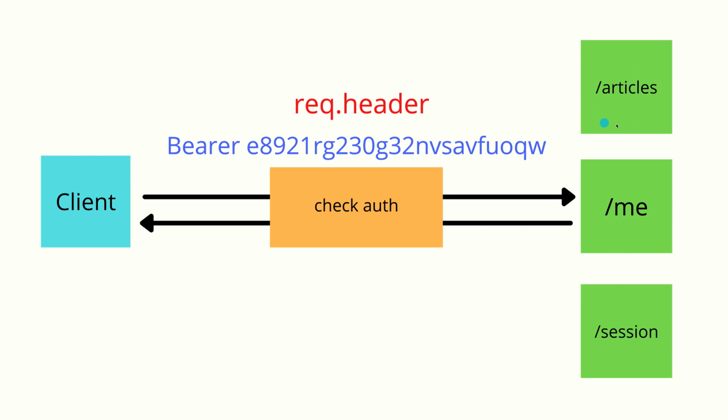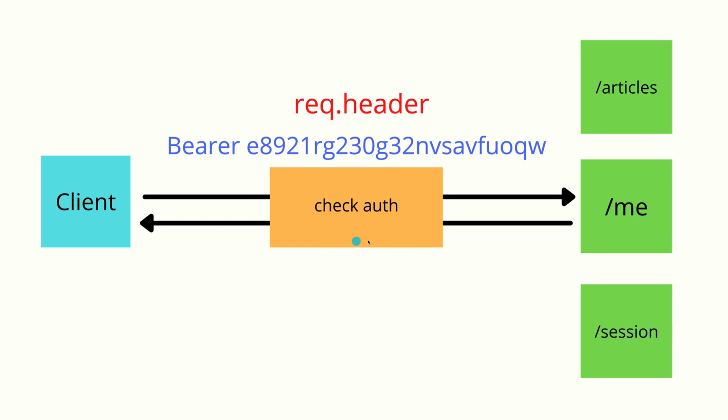So for example, if we want to go to the /articles, we send that request. It's going to first go to this check authentication middleware. This middleware is going to, again, extract the token, verify it, and get this user, and then say, okay, everything is fine. This person is logged in. Let's relay that request to the /articles route.